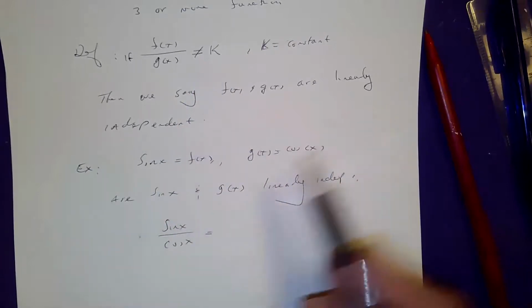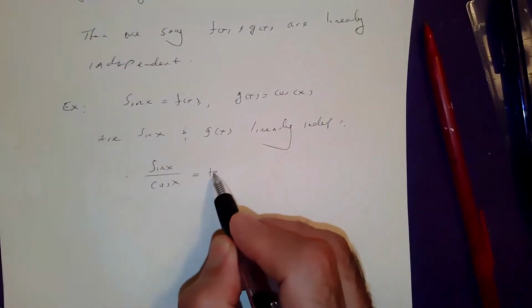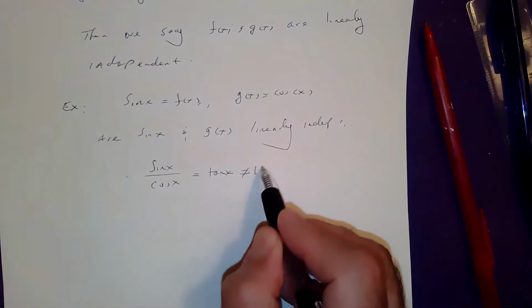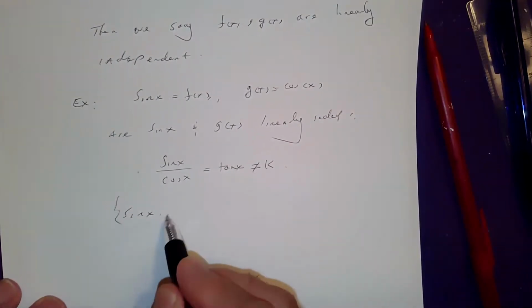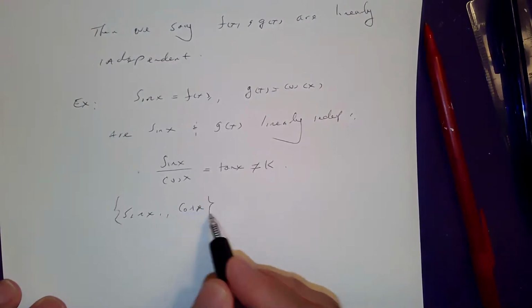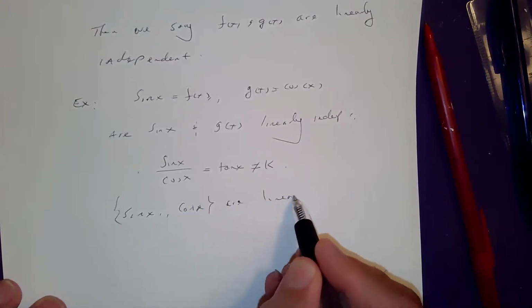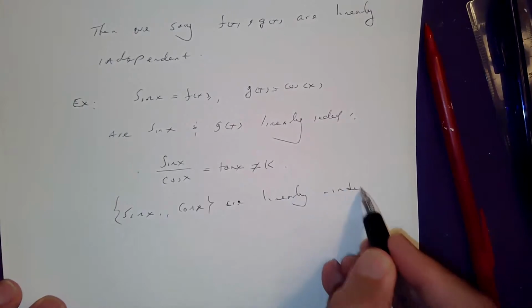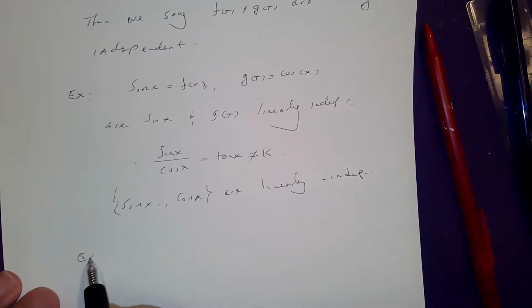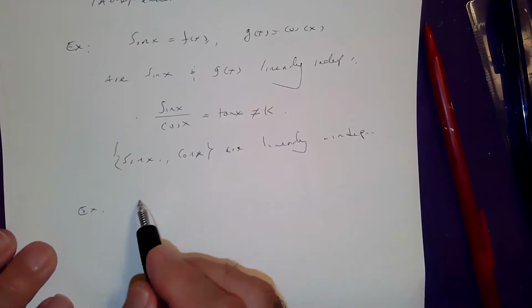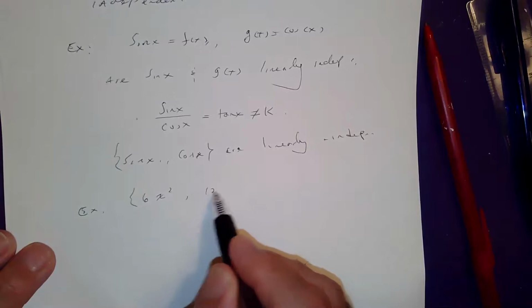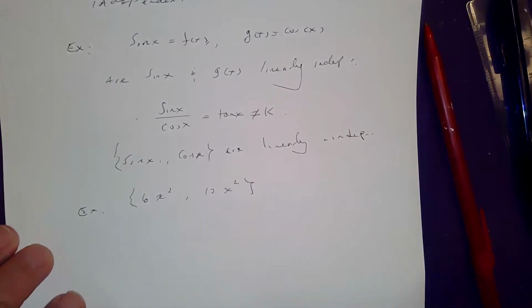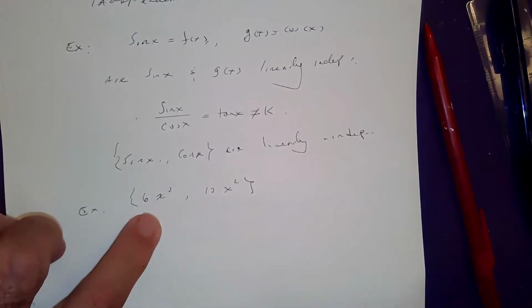In other words, right here, I get tan of x, which is not constant. So sine of x and cosine of x are very much linearly independent. On the other hand, if I have two functions like 6x squared and 12x squared, these are linearly dependent.